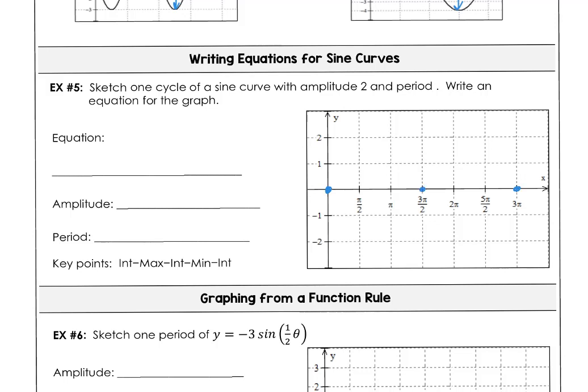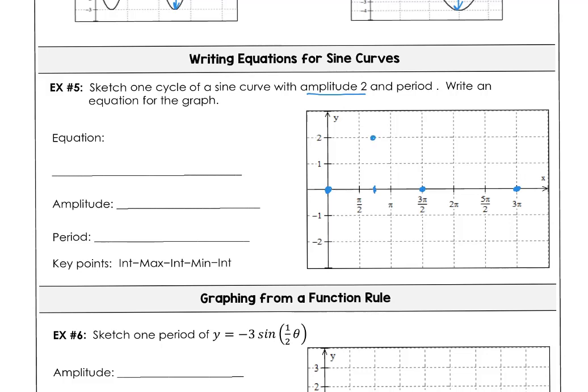So at 1.5 pi, there would be another intercept, because I'm thinking about those 5 key points. And then halfway between this first point and the second intercept, halfway between would be right about there. And the amplitude is 2, so we're up here at 2.